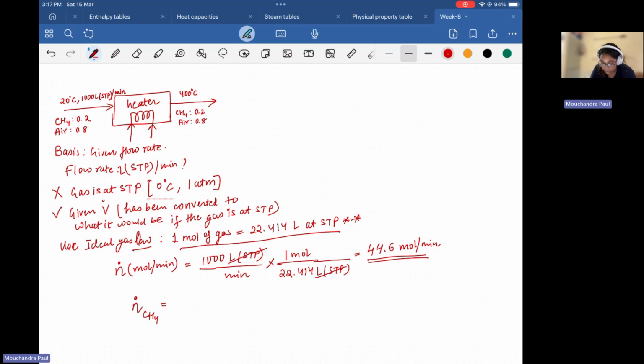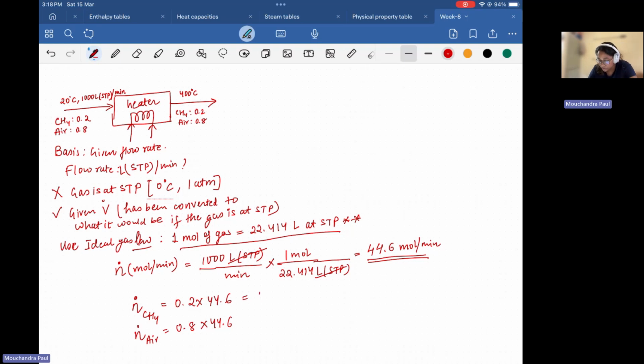Molar flow rate for CH4 will be 0.2 times 44.6, and for air, 0.8 times 44.6. Just give me a minute.